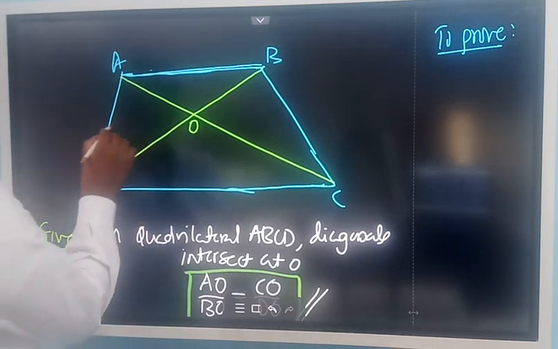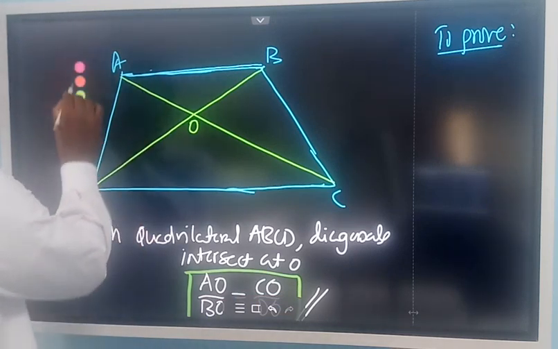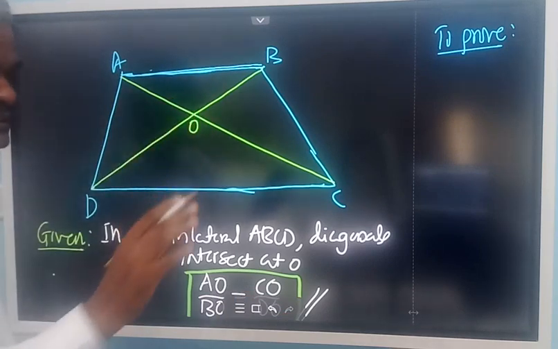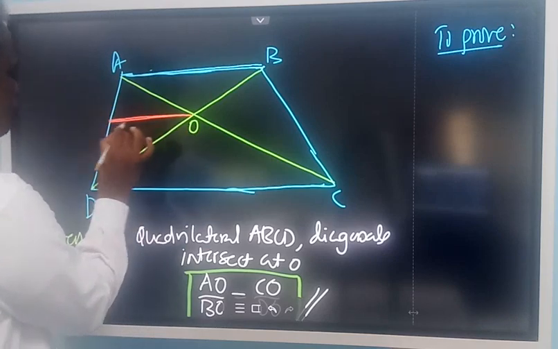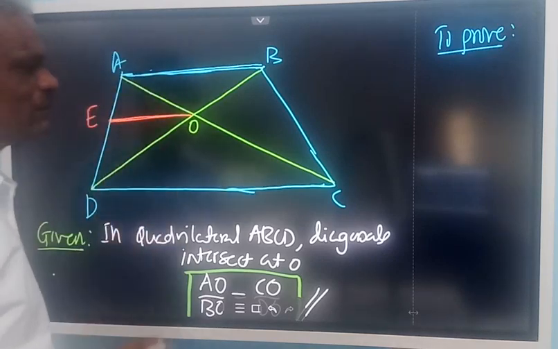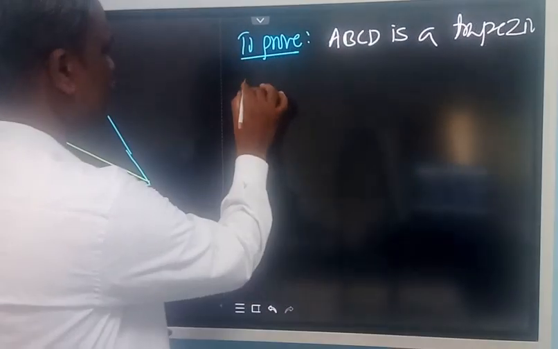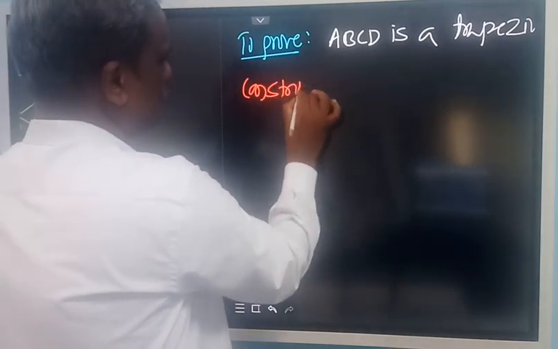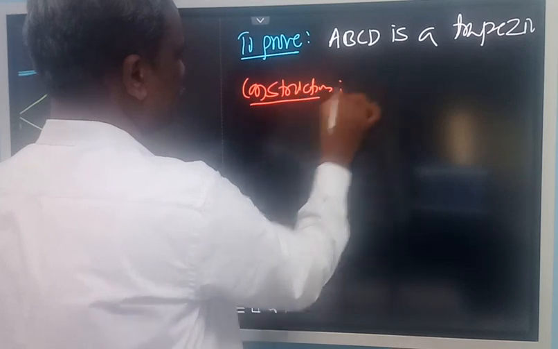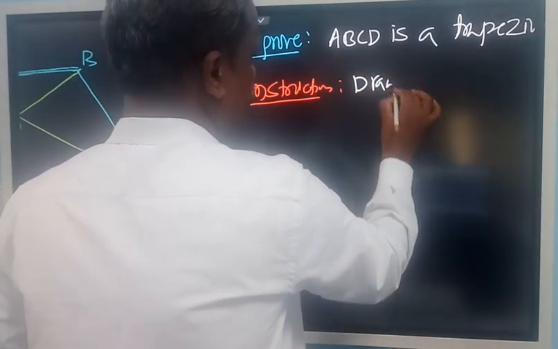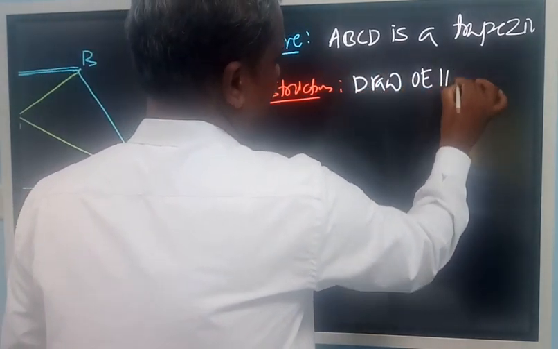So same thing we will do here, construction. I am going to draw a line parallel to one of the sides. I am going to draw OE parallel to AB only, that much only. Construction: draw OE parallel to AB.